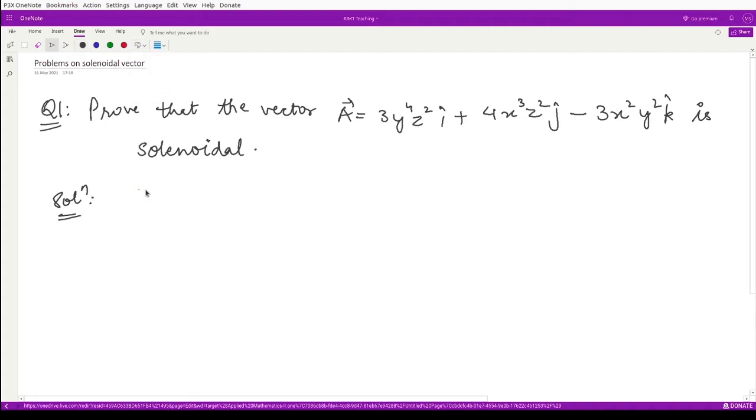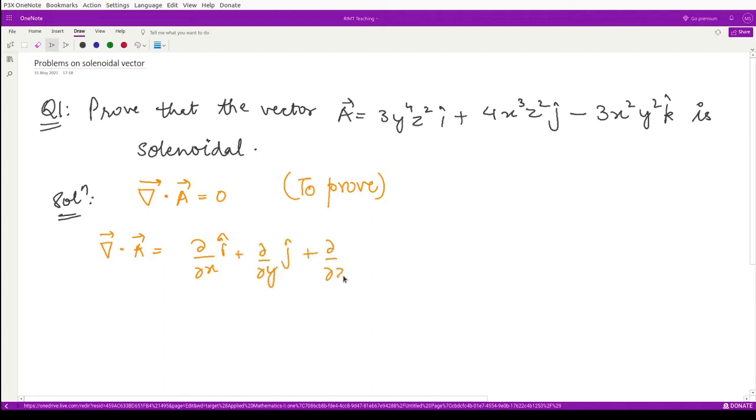For the solution, we are to show that the del dot of this vector is equal to 0. We have to prove this. So for that, we'll calculate the divergence of this vector. We have del by del x i cap, according to the definition, plus del by del y j cap plus del by del z k cap, dot with the vector A: 3y raised to power 4 z square i cap plus 4x cube z square j cap minus 3x square y square k cap.